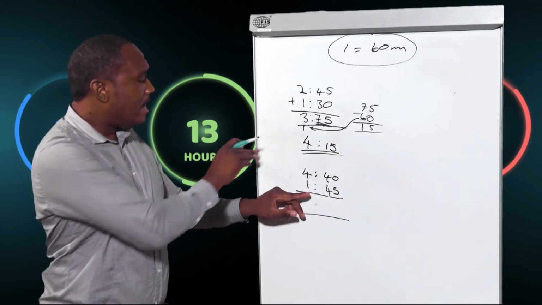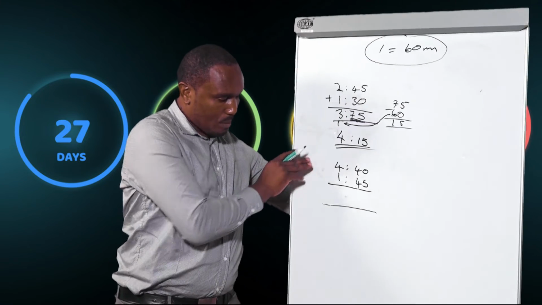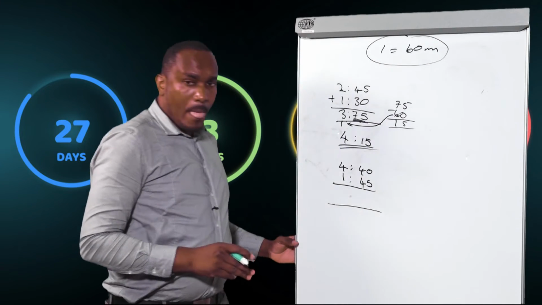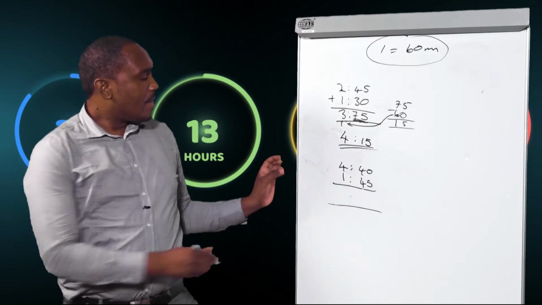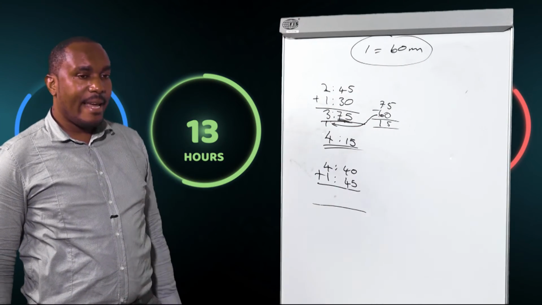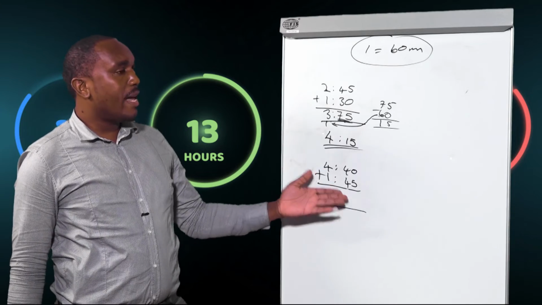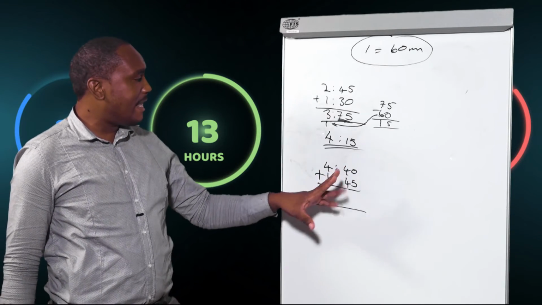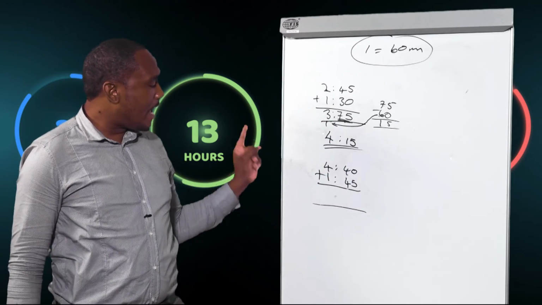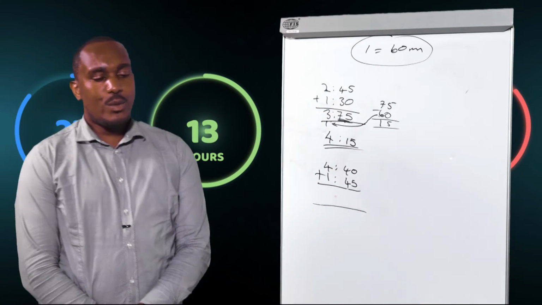Then when you add, do likewise. Subtract the 60 there if it is more than 59, put the 60 to the other number, and then find the answer.